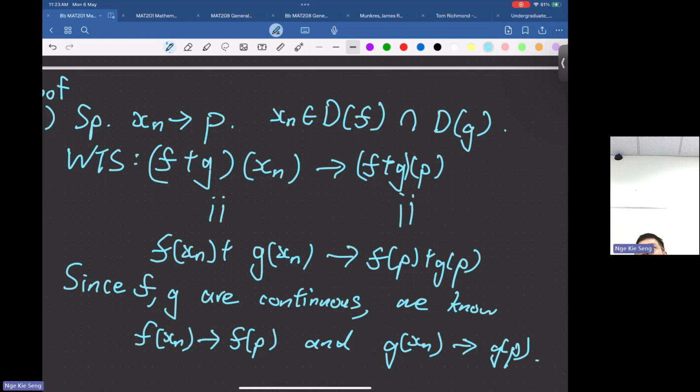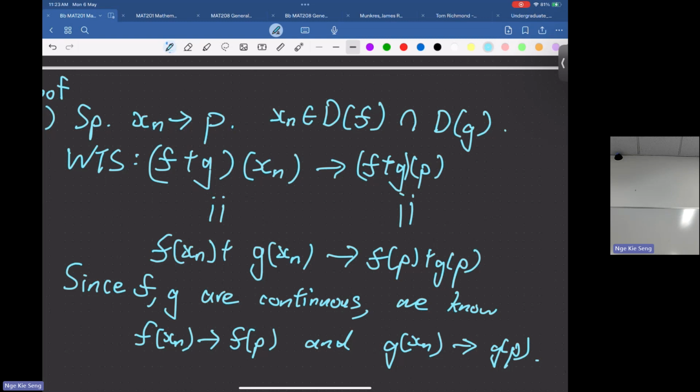So you know that these two converge. Can you show that the sum of the two convergent sequences converges? You use the sequence limit law: if a_n converges to L and b_n converges to M, then a_n plus b_n converges to L plus M. f(x_n) converges to f(p), g(x_n) converges to g(p), so f(x_n) plus g(x_n) converges to f(p) plus g(p).